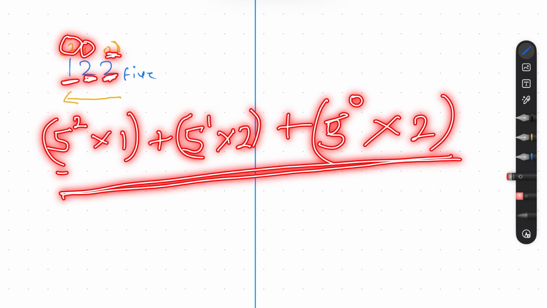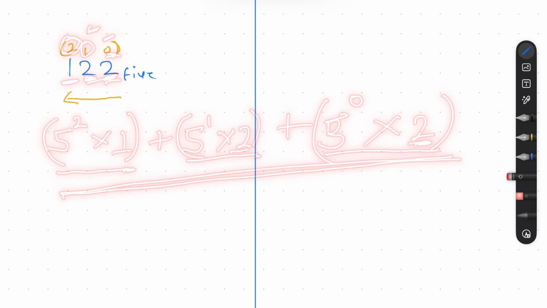The first is power 2, then this one is power 1, and then this one is power 0. You multiply each of them by their respective digits, which is 1, 2, and 2, right? I hope you got it.